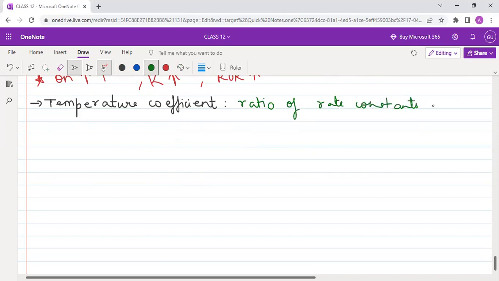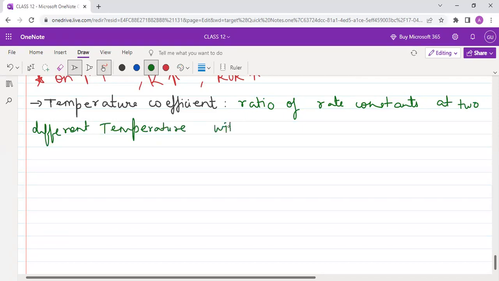That means it is the ratio of k at two different temperatures with a difference of 10 degrees.